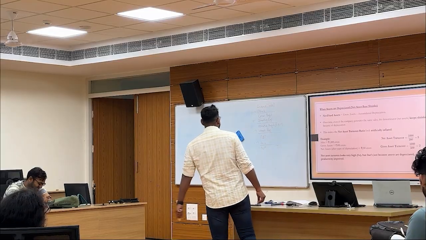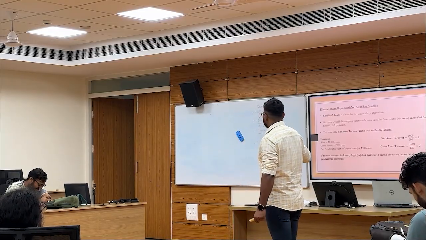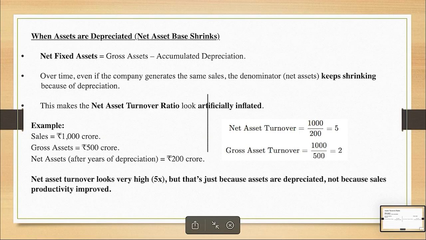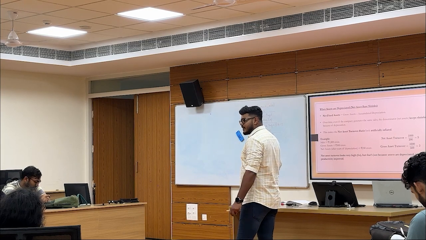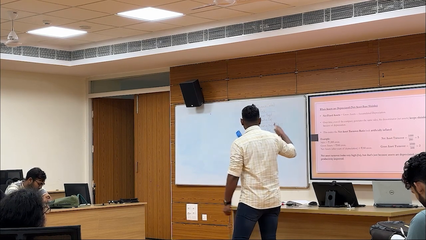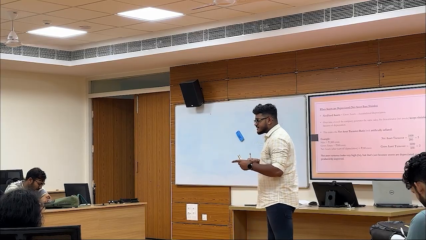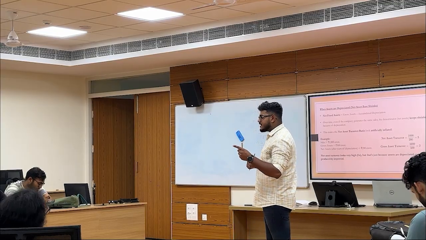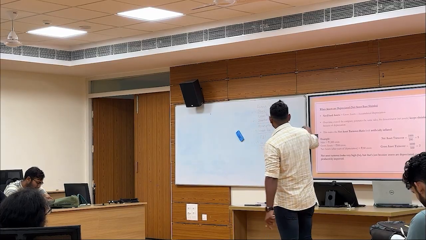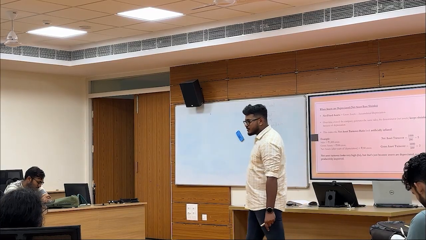I'll say why. When assets are depreciated, the net asset value, that is the denominator, changes, and the sales are the same in both ratios, whether we take gross or net. So when the net assets decrease, the denominator decreases, and that inflates our ratio. We can see an example. There is a sale of 1,000 crores.